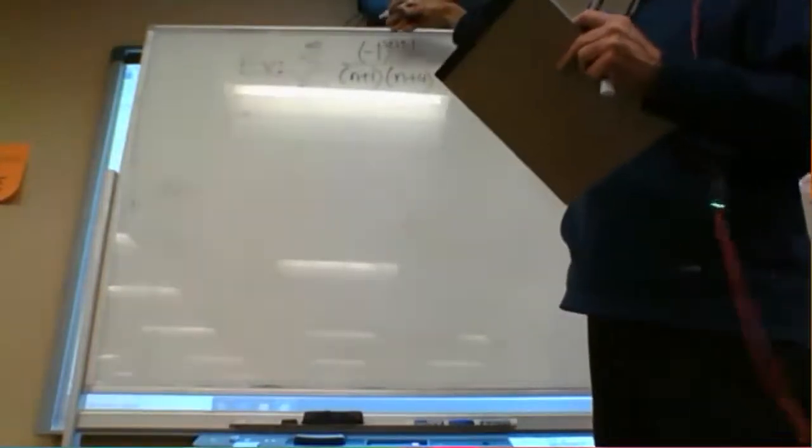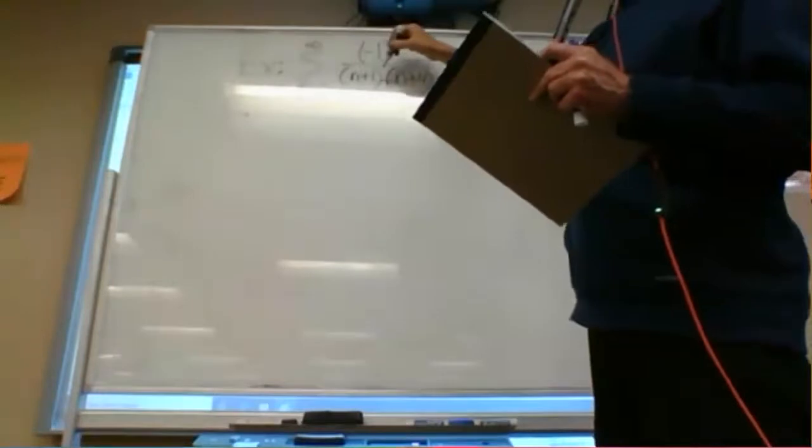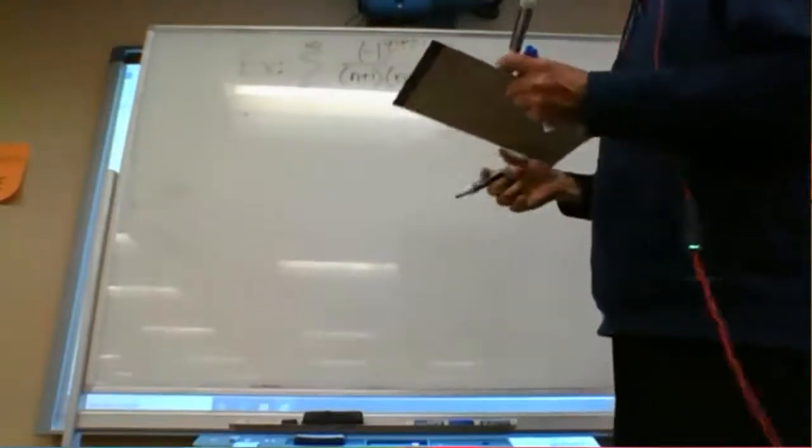If you take all the way the minus 1 to the n plus 1, you've got all positive terms because n plus 1 and n plus 4 are positive, but this makes it alternate signs.